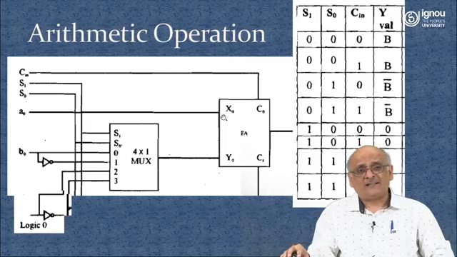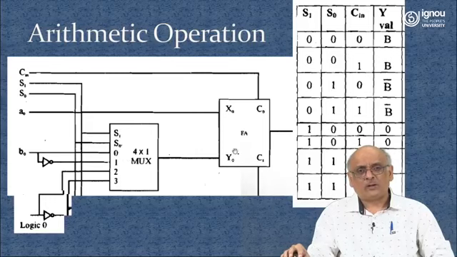Now, how exactly is this going to work? A is directly going to the full adder. What we are controlling is the B input, which I will call the Y input.